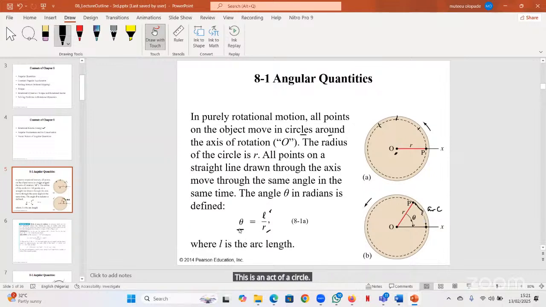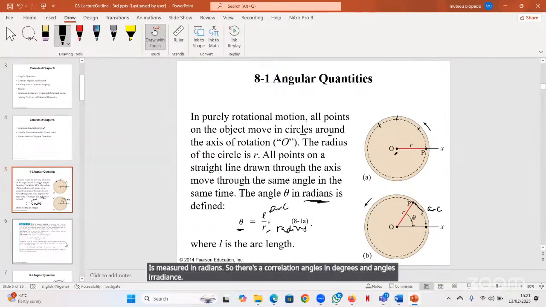So in order to get theta, it will be the arc divided by the radius. And that theta is measured in radians. There's a correlation between angles in degrees and angles in radians, which we will see as we progress.